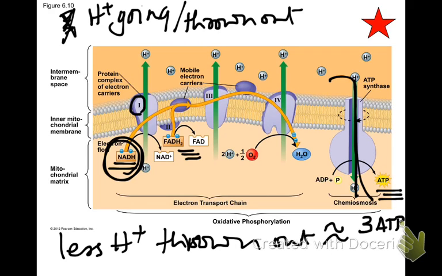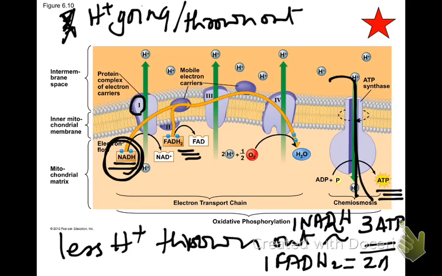Okay, and that means 1 NADH is responsible for making of 3 ATP, whereas 1 FADH2 is responsible for making 2 ATP. Okay.